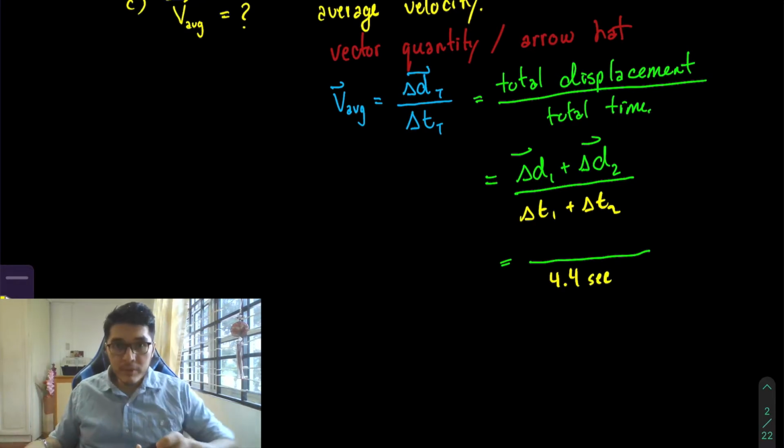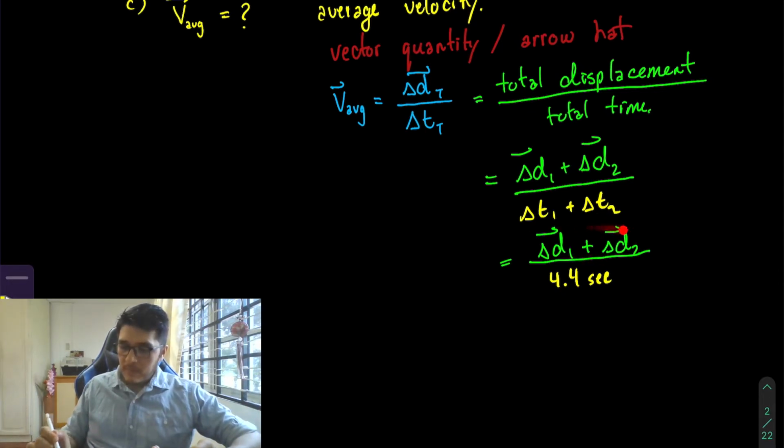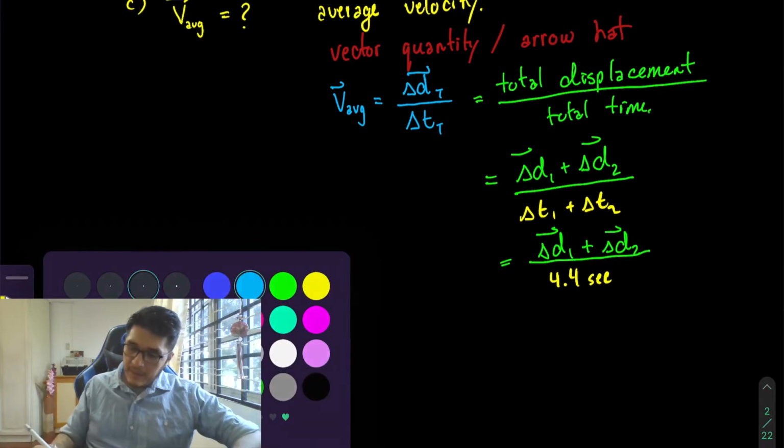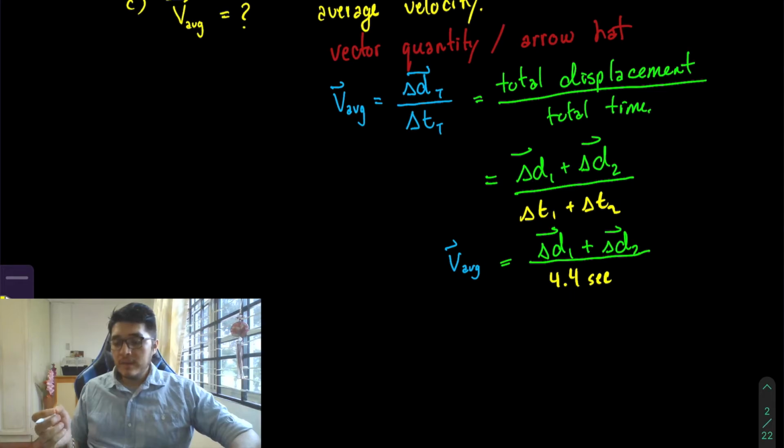But the more interesting part is the top part here, so that's where I want our attention to go. Our total displacement is the sum of the individual displacements, delta d1 plus delta d2. And that's how we're going to calculate the average velocity. So in order to do that, we need to actually calculate delta dt.